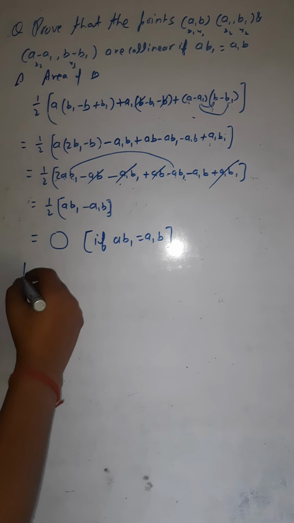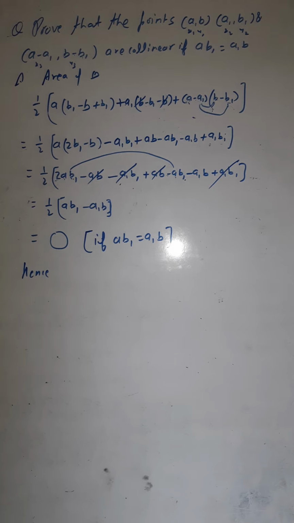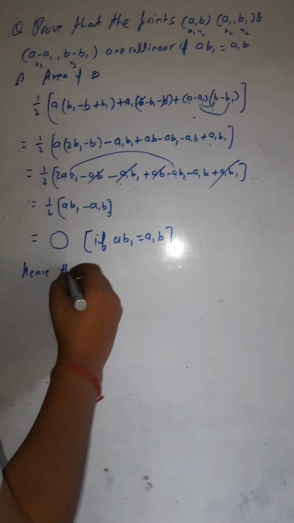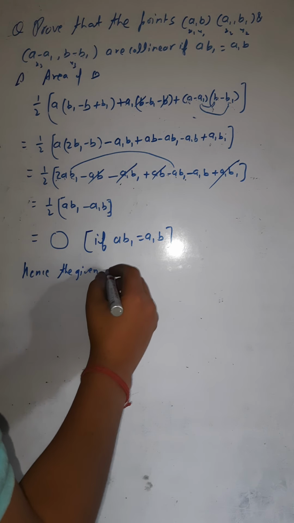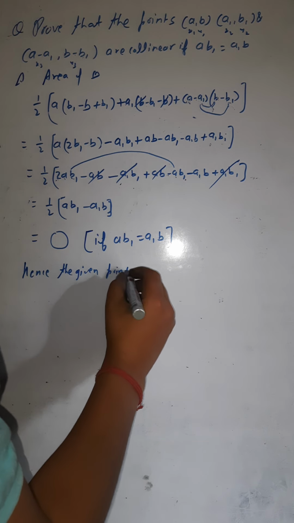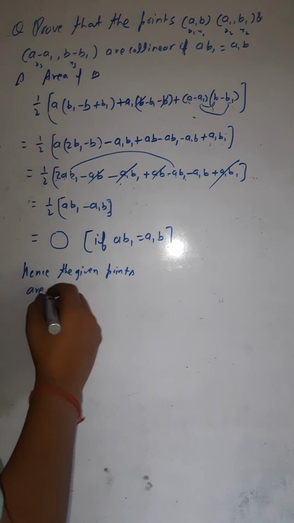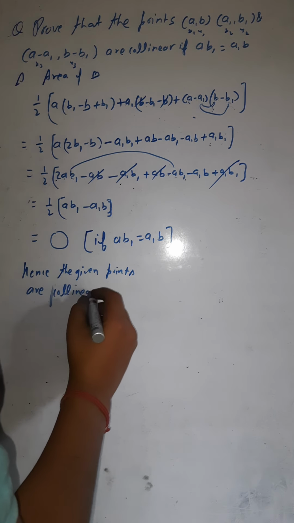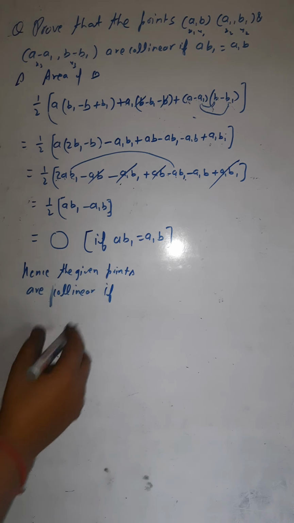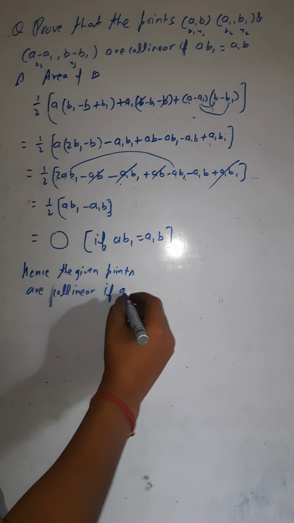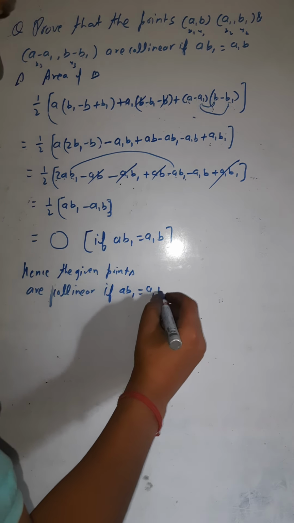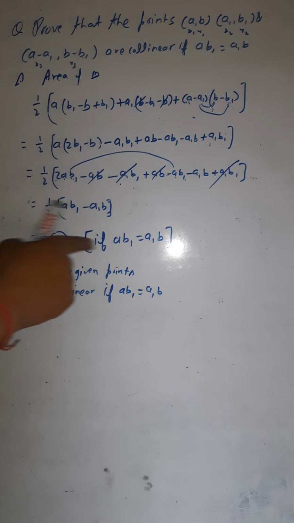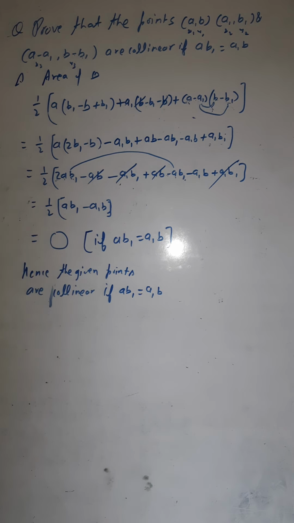So you can write here, hence the given points are collinear if ab1 equals a1b. This condition is satisfied. If this condition is being satisfied here, then you would say yes, these points are collinear points.